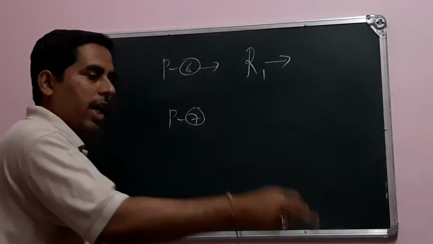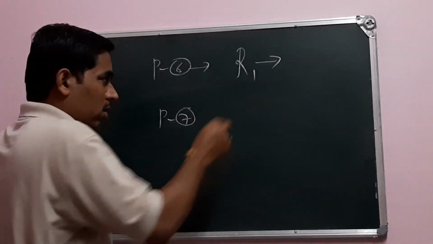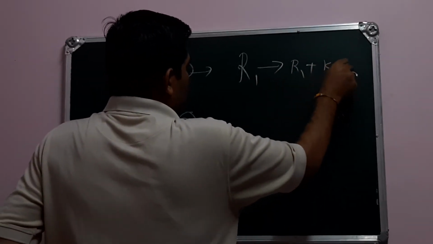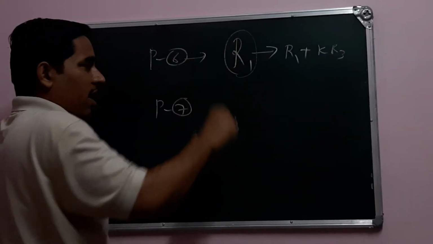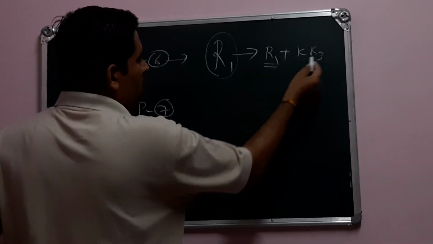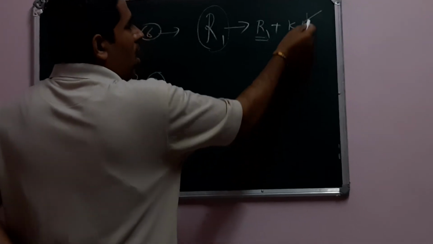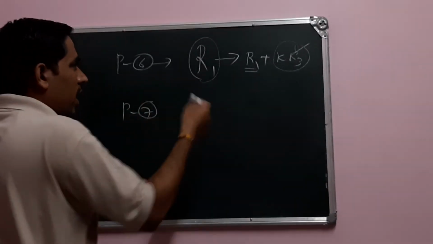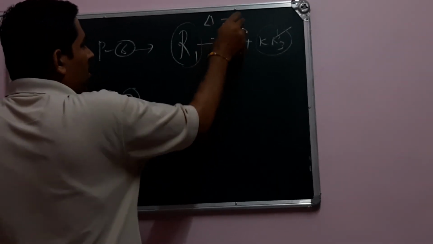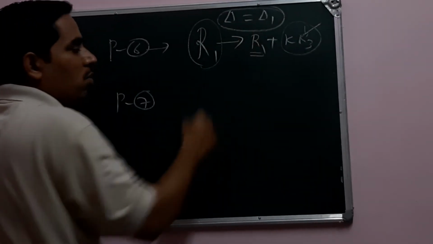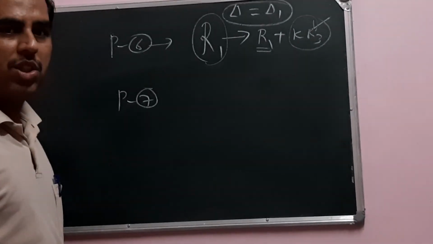If I apply it on the first row, I add every element of the first row to the corresponding elements of the third row and multiply the elements of the third row by some constant. Then the value of the original determinant and the value after the operation are equal. The value does not change.